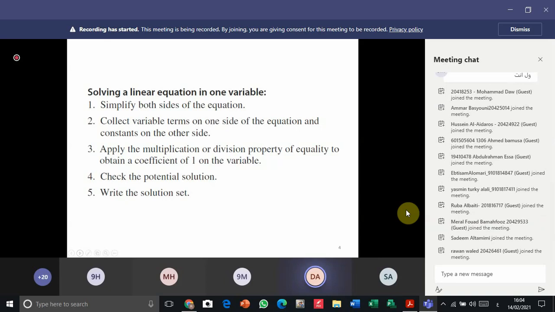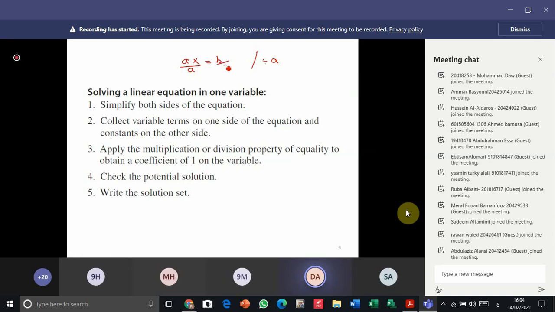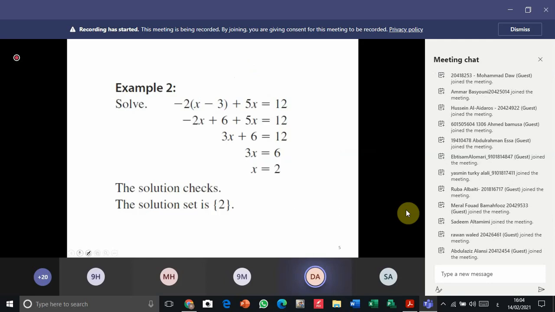After that, we have ax equals b. So always we divide by the coefficient of x, a. So the final answer is b over a. Okay, you can check whether this is correct or not by substitution.